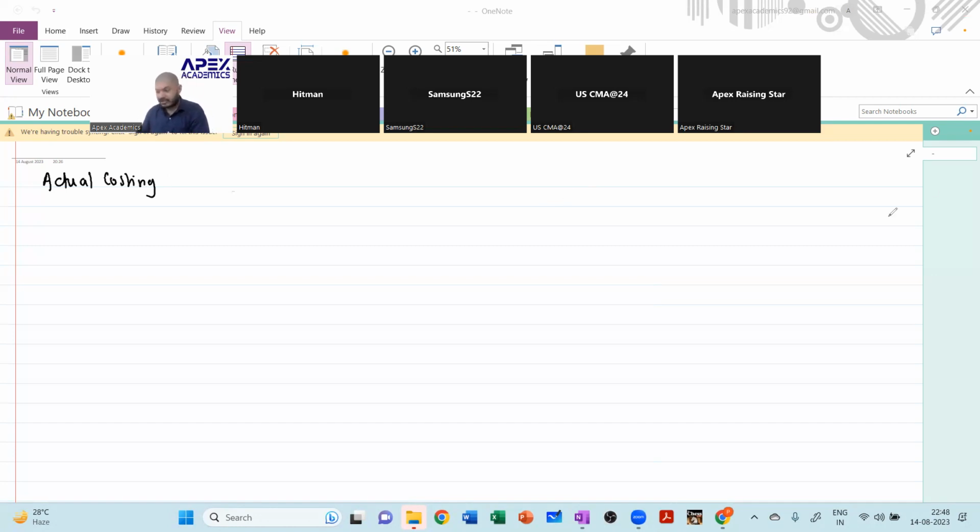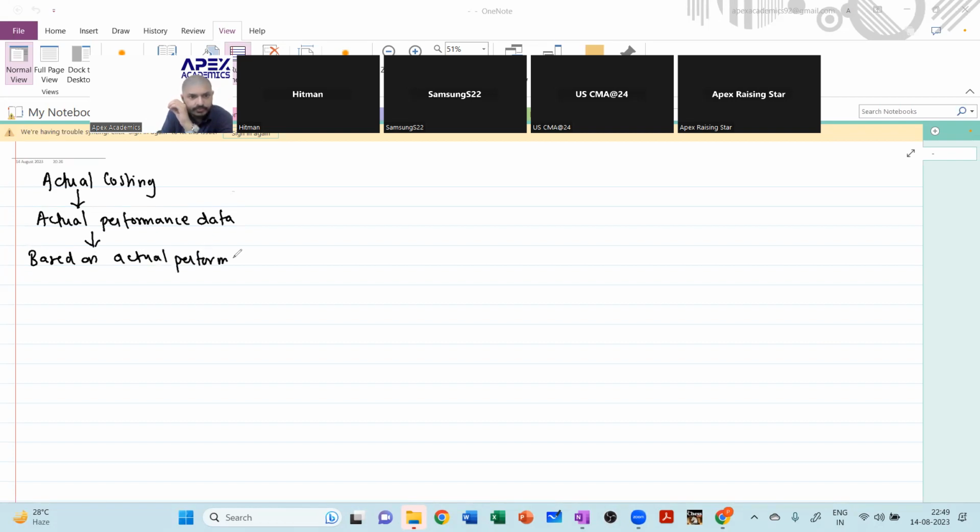Now, the first method that we are going to touch upon in our discussion is that of actual costing. What is actual costing? Actual costing is the actual performance data, based on the actual performance of the reporting period.